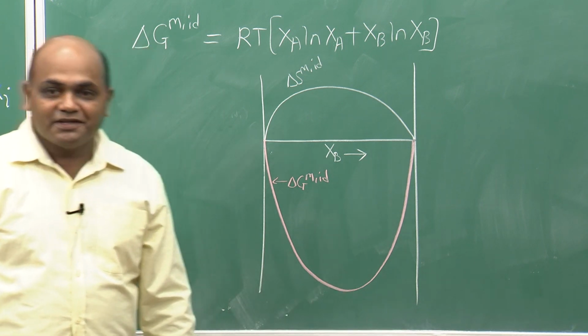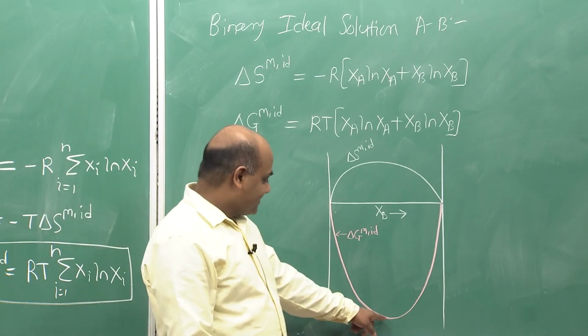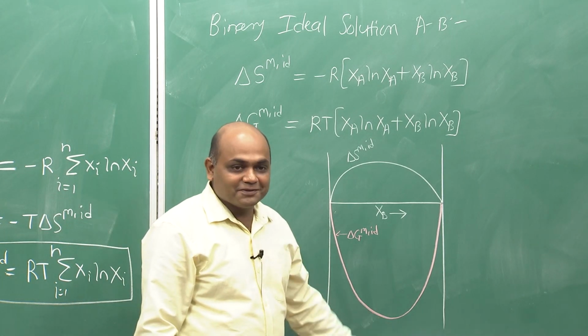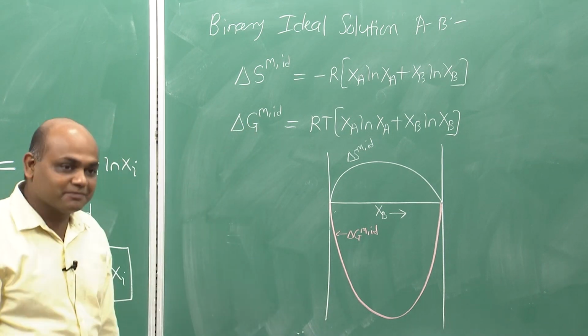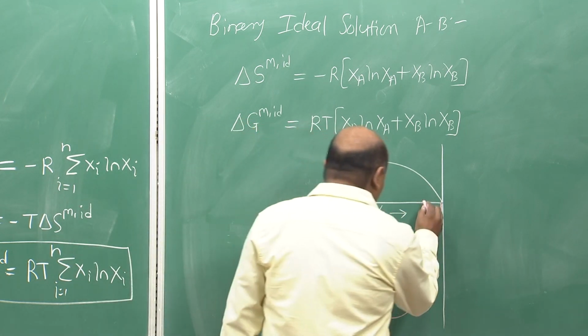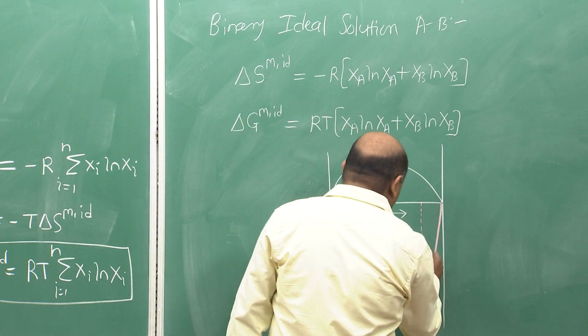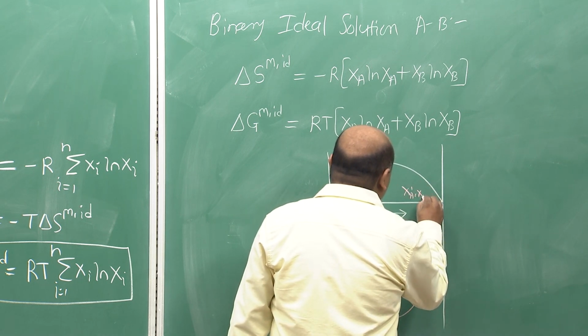So, do not interpret it as the composition corresponding to this minimum being the most stable solution. Okay. So, the way it has to be interpreted is at a given composition. Let us say we are considering this composition, XA1 XB1.